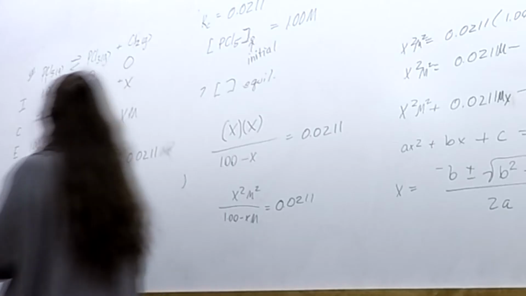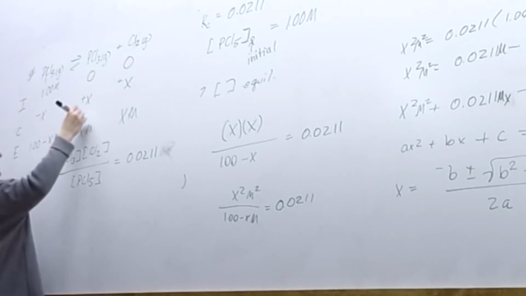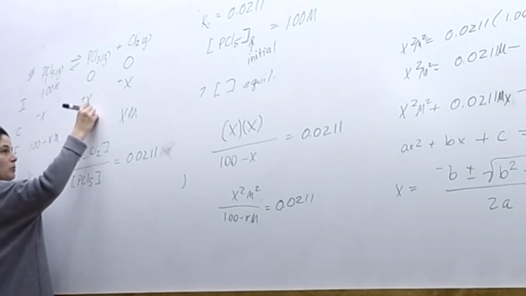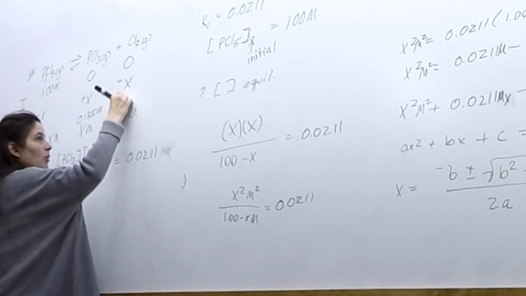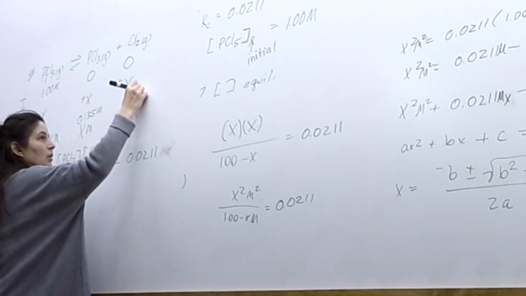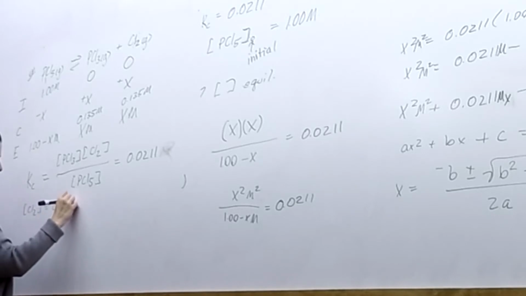So now we know that the equilibrium concentration here for PCl3 is going to be 0.135 molar. This one is 0.135 molar. So the concentration of Cl2 at equilibrium is 0.135.